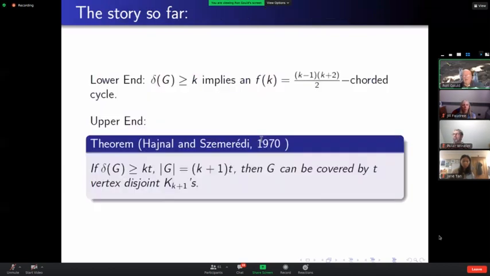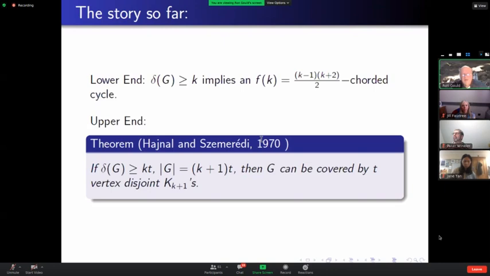All right, so why did we want to think about this? Well, there's the famed Hajnal-Szemerédi theorem from 1970 that I'm not going to do as a coloring theorem, but as a partitioning of cliques.